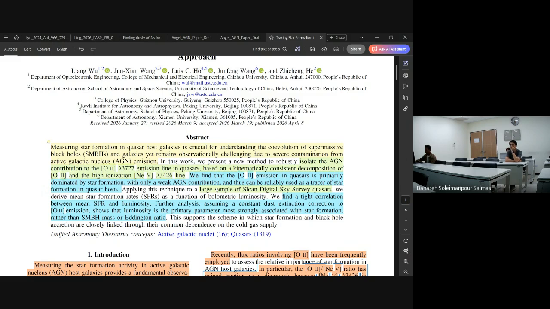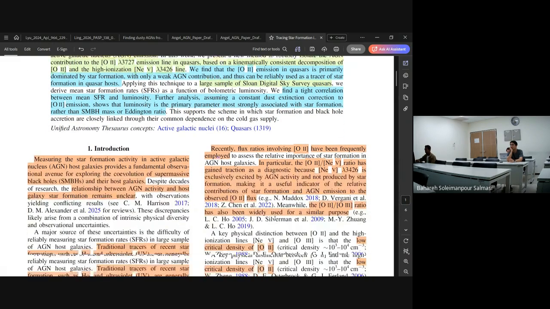So we have to figure out how to decontaminate our signals. Even common tracers like H alpha or UV are guilty of this. That's why they use O2, because O2 is known to not be very affected by the AGN.